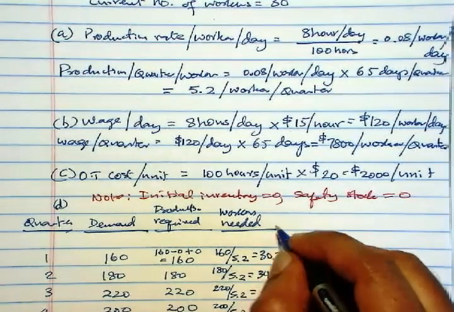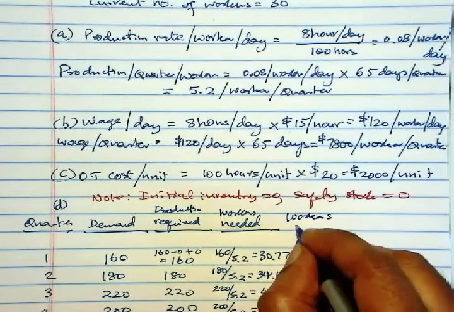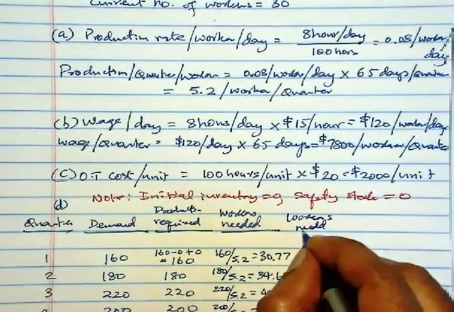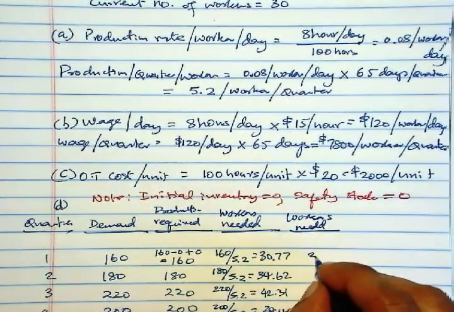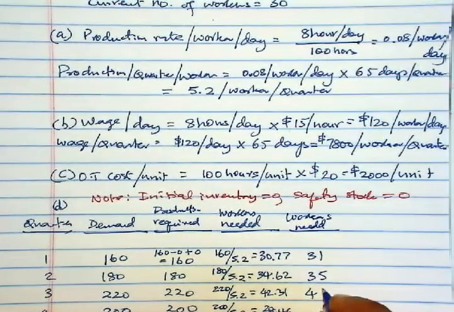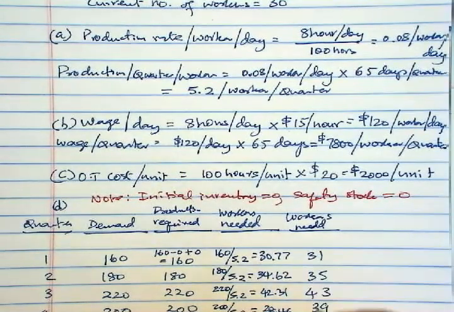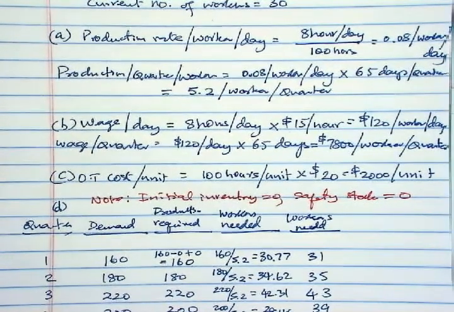So we can round these as workers needed. Rounded would be 31, 35, 43 and 39. Total worker quarters will be 148.